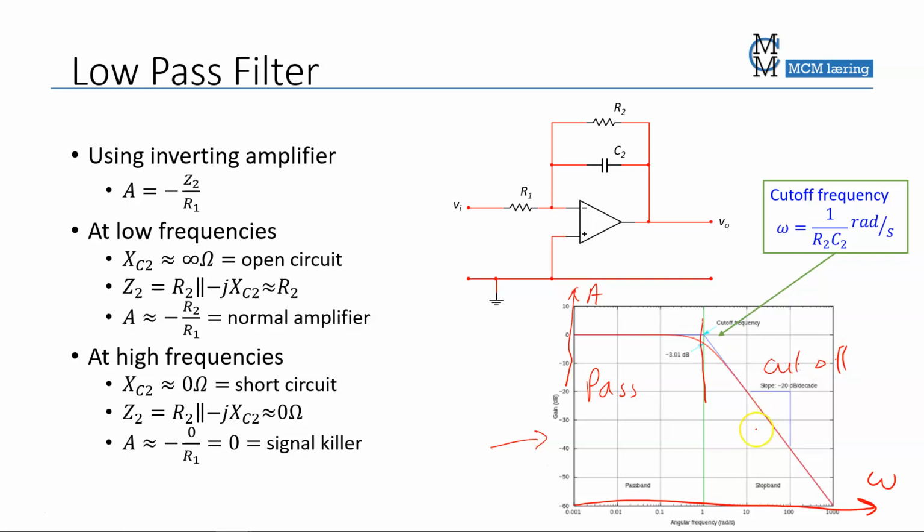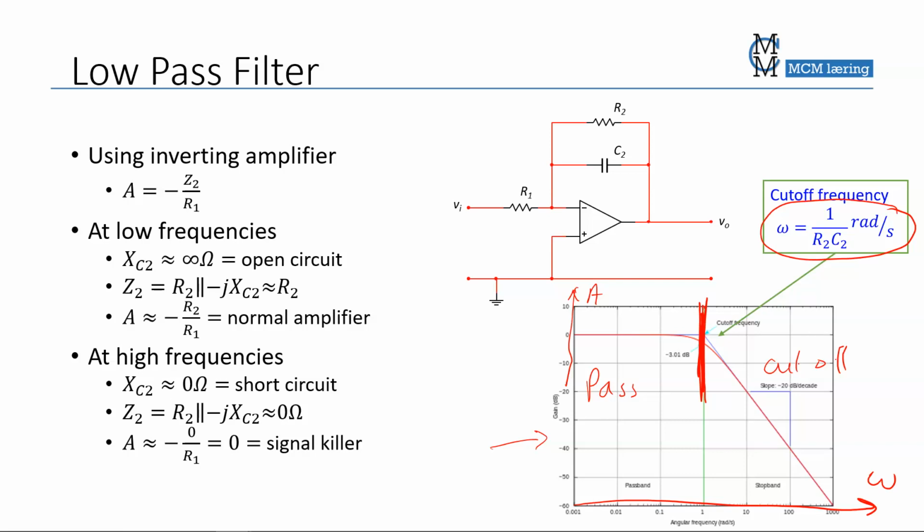So you cut away something and you let something pass. If you send a normal audio signal through this filter, the bass will be kept and the treble will be cut off. The cutoff frequency, where it all starts to either pass or cut off, is defined by the components R2 and C2. So that is the cutoff frequency.